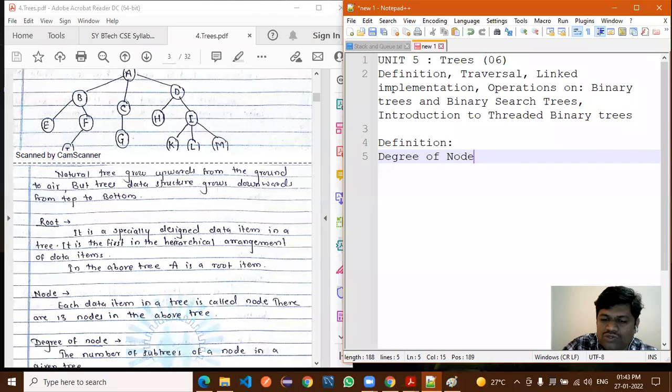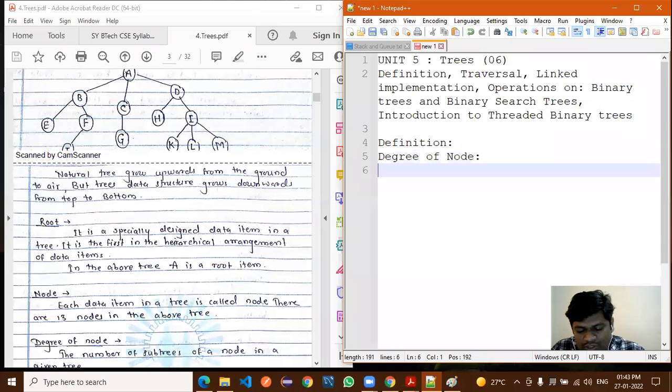Now all of you understood the meaning of node. Each data item. Now, the degree of the node means the number of branches associated with that node is called the degree of the node, right?